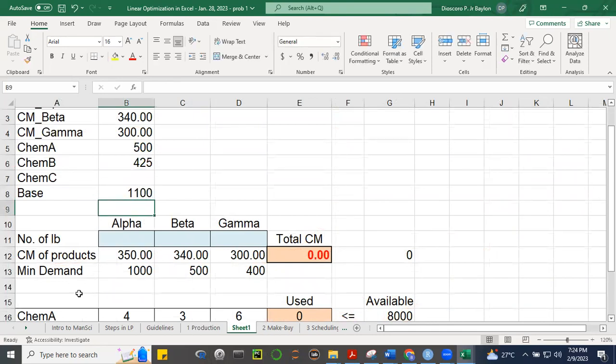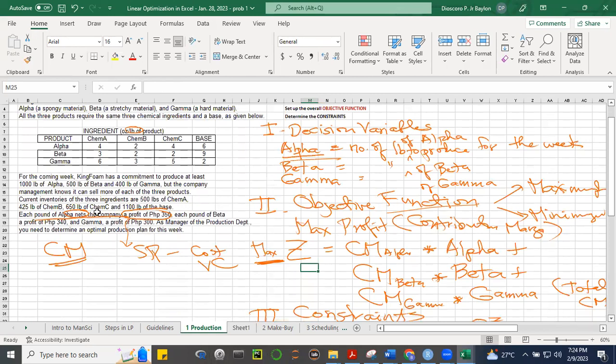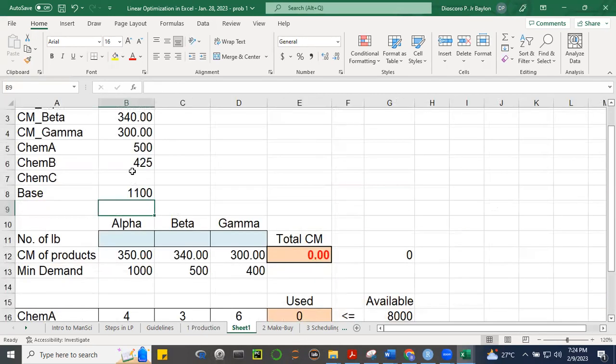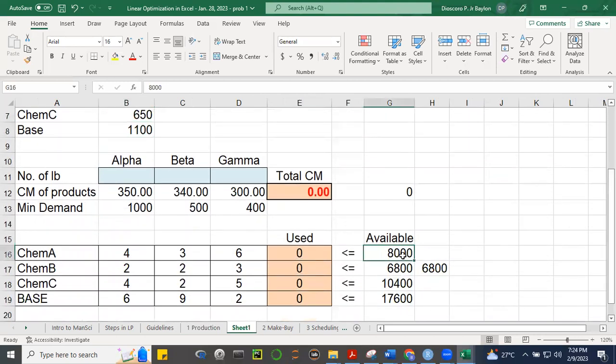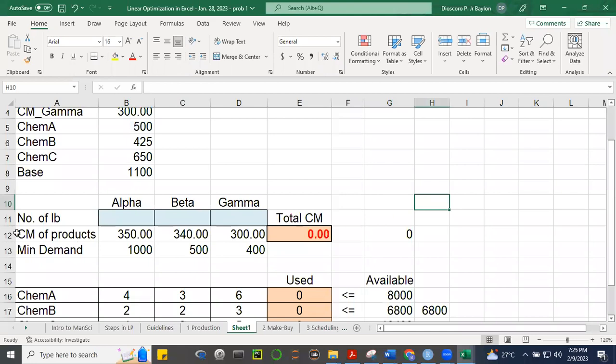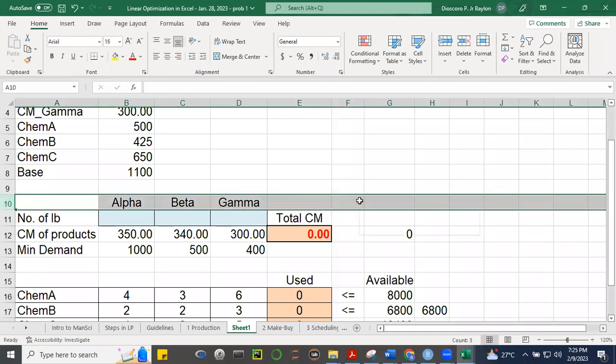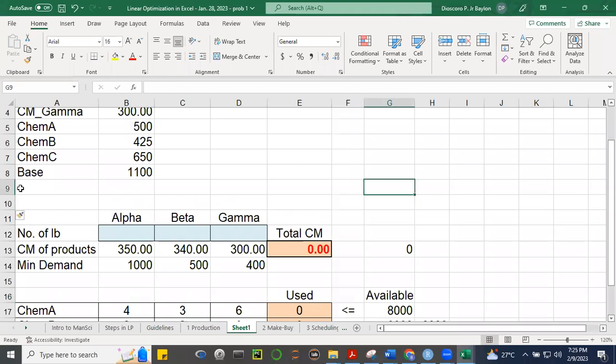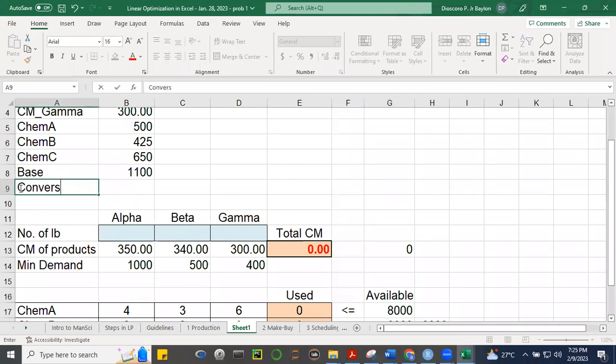What's chemical C? It's 650. Okay, 650. And then we can now link our available to, this is equal to 500 multiplied by, and maybe we can just write here conversion factor, which is 16.